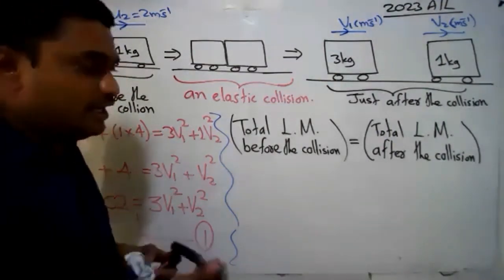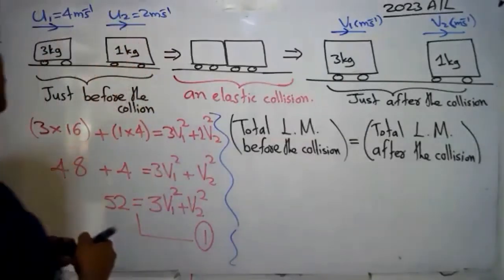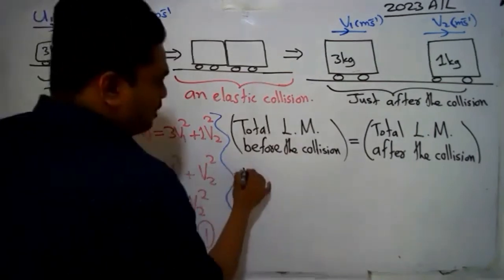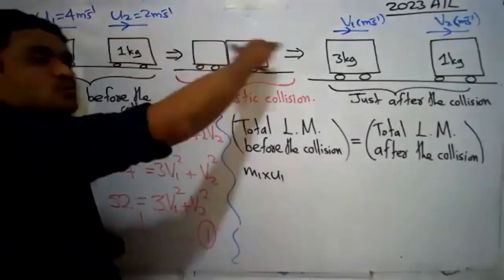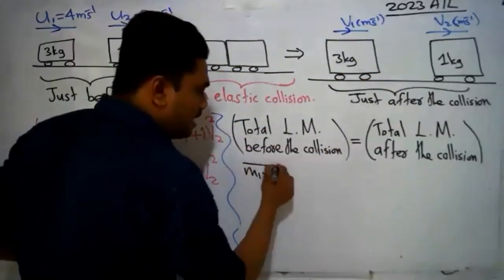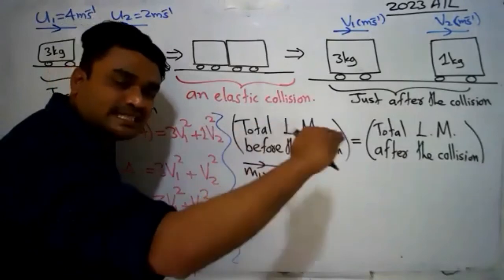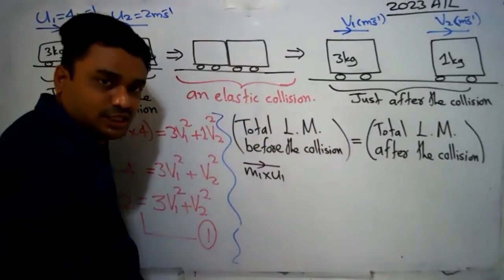Linear momentum is the product of mass and velocity. So the linear momentum of the first object before the collision is m1 into u1. Objects are moving to the right hand side, so I'll mark the direction to the right. If an object is moving in a certain direction, its linear momentum is also in the same direction.